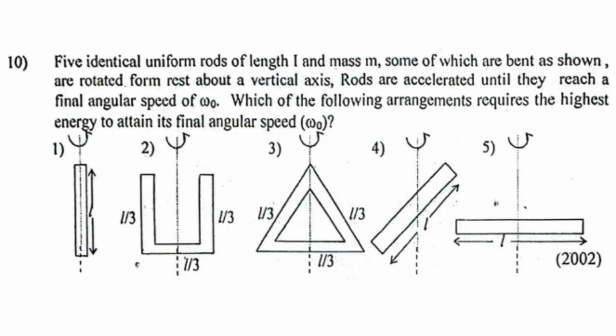Then question number 10. Four identical uniform rods of length L and mass M, some of which are bent as shown, are rotated from rest about a vertical axis. Rods are accelerated until they reach a final angular speed omega naught. Which of the following arrangements requires the highest energy to attain its final angular speed omega naught?